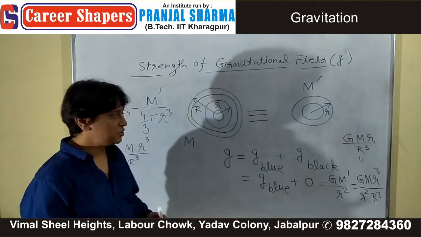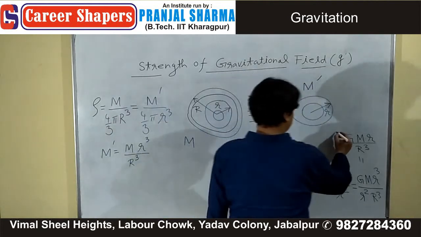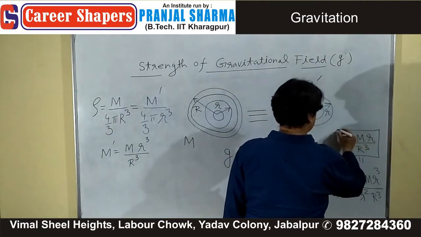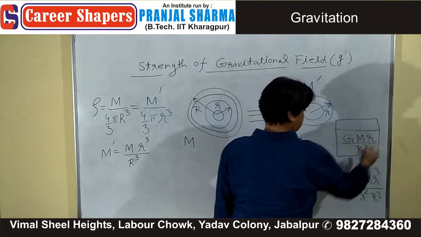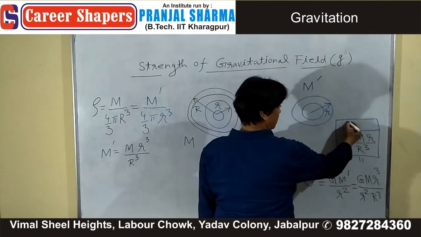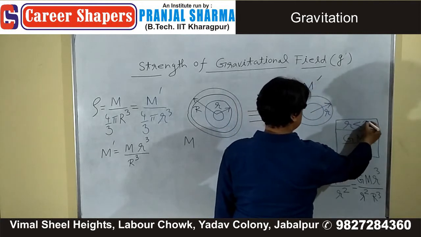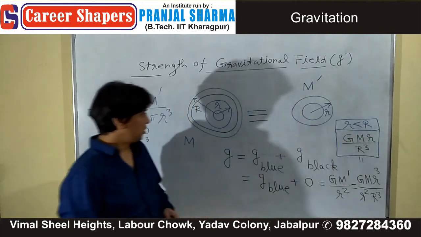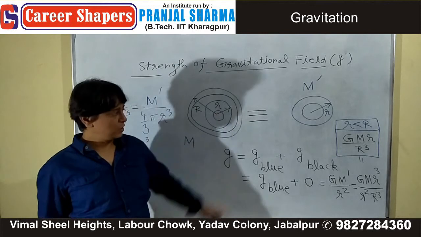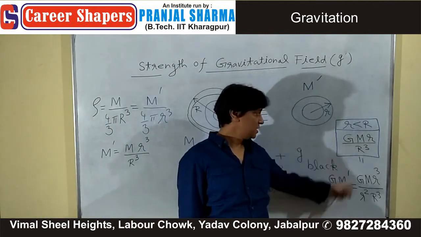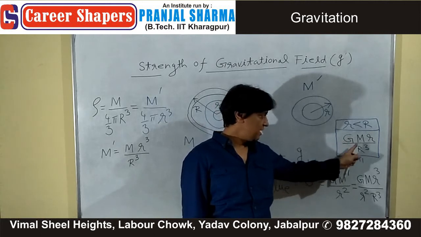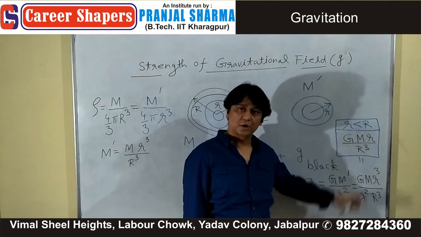That's your gravitational field strength inside a solid sphere. Remember it like this. This is the formula when small r is less than capital R. When you are inside a solid sphere, gravitational field strength is given by G M r divided by R cube.